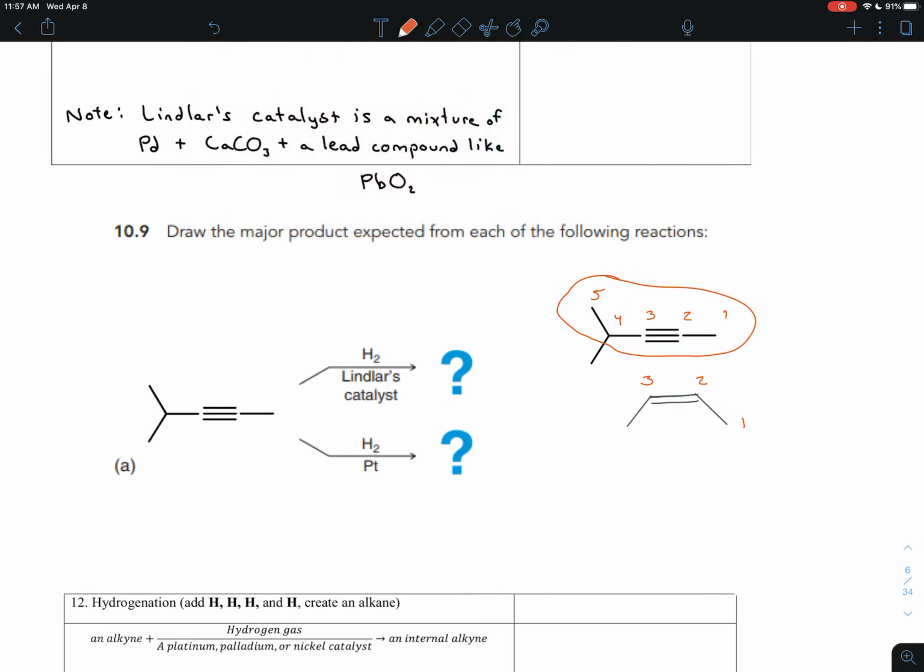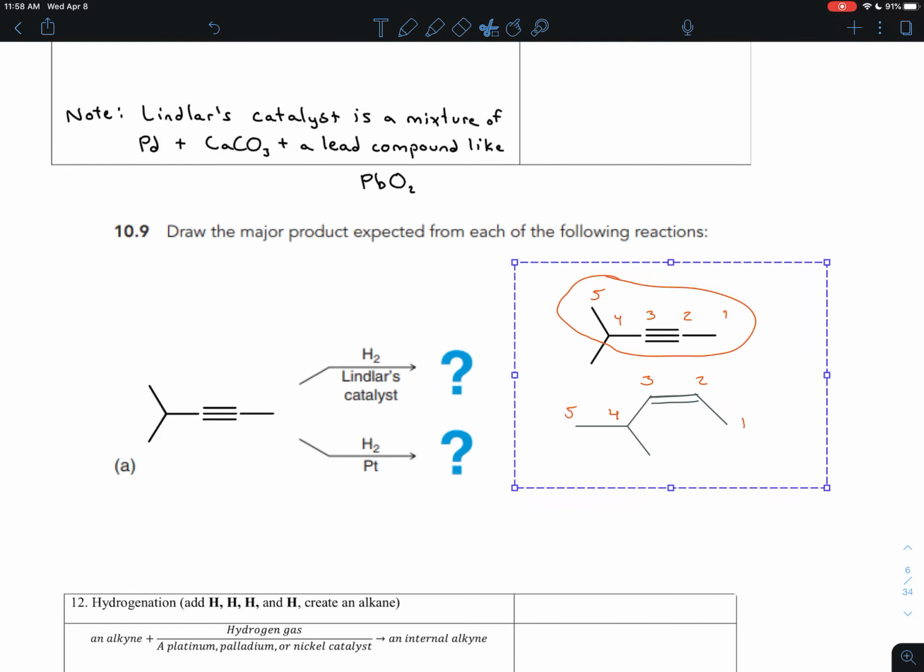They just have to be going in the same direction. So that's 4. Now we have a 5-carbon chain here, and then off of carbon 4 we have that methyl group. And so that would be the product you would get from that hydrogenation.